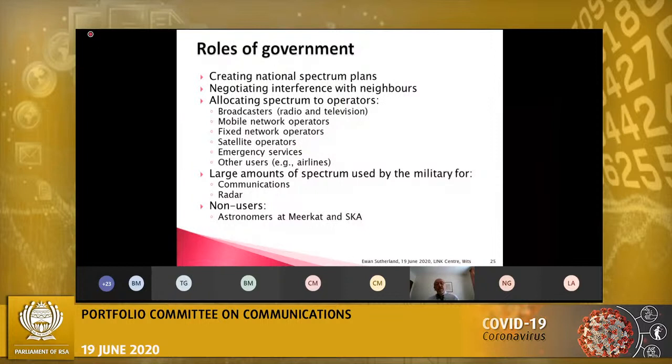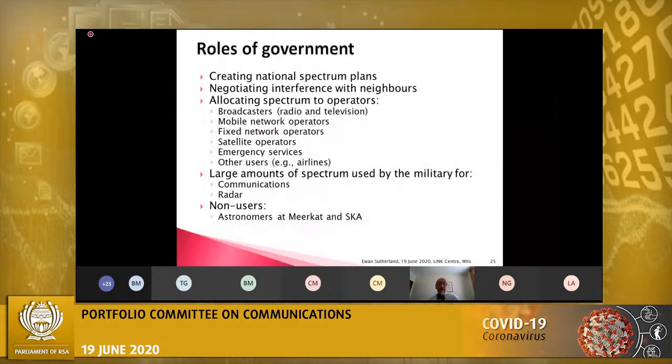Various attempts at fixed wireless services which have been disappointing. Satellite operators, emergency services, and other users, the likes of the airline. And then large amounts of spectrum used by the military, which may or may not still be used. Sometimes they have kept spectrum which they have historically used and not used it.